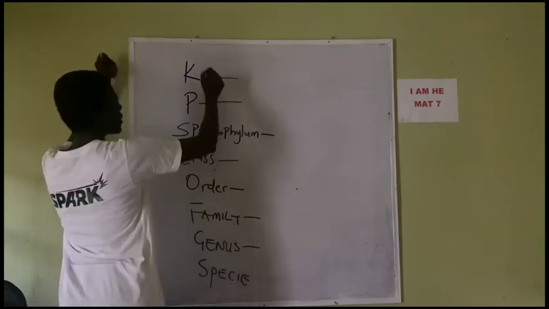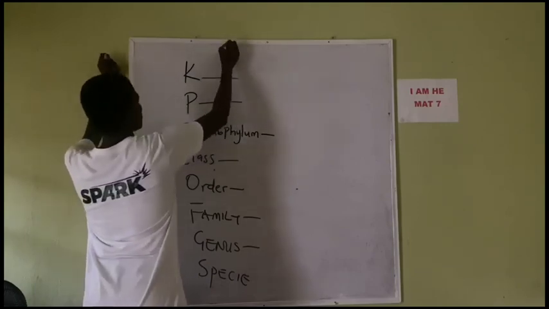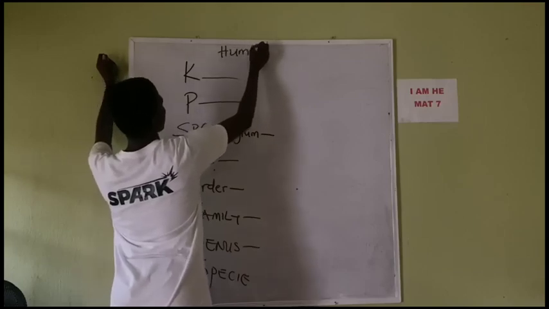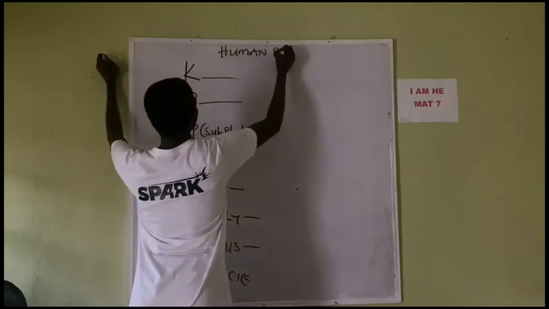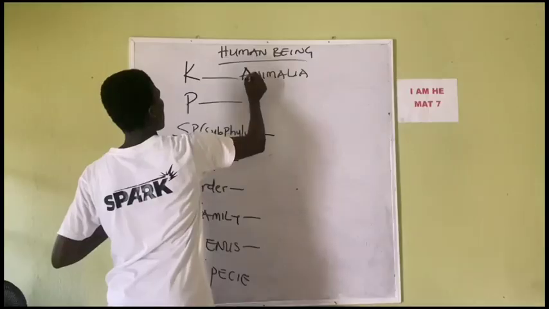So let's start with the kingdom. What kingdom are we classifying human beings in? Take note. Animalia.